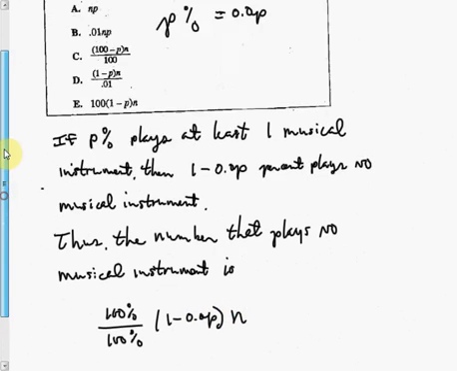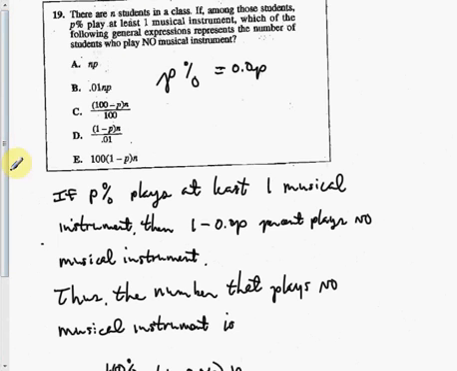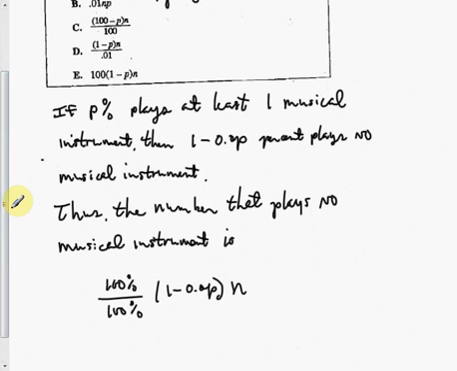N is the total number of students. The total number of students times this percent gives me the number of students that I'm looking for.